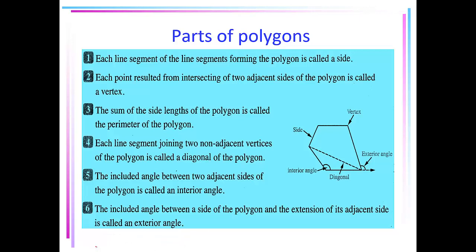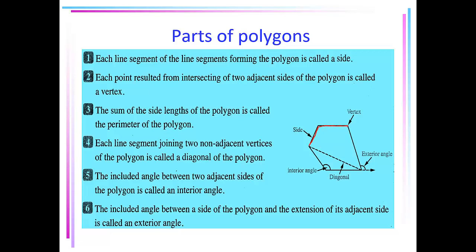Let's go now and see the parts of the polygon. We have already studied the parts of the polygon before. Let's go and refresh our memories. First of all, each line segment of the line segments forming the polygon is called a side. So this line I call a side. This line also I call a side.